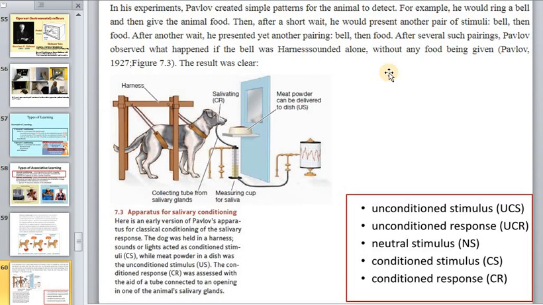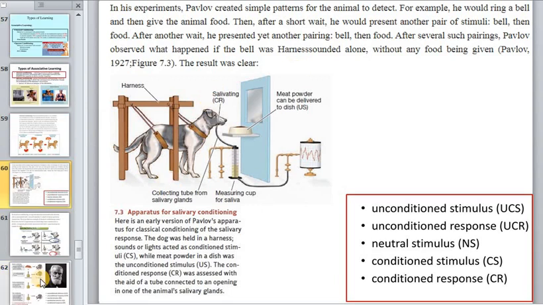After a short wait, he would present another pair of stimuli, bell, then food. After another wait, yet another pairing, bell, then food. After several such pairings, Pavlov observed what happened if the bell was alone, without any food being given. The result was clear: the animal salivated, waiting for the food.